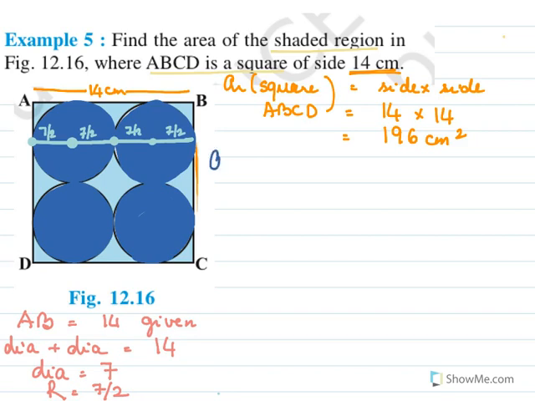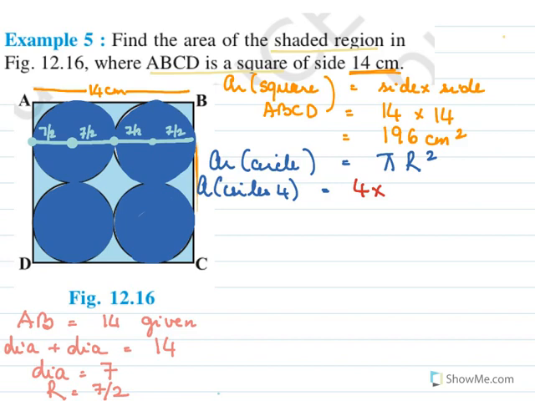So for second step, area of circle is pi r square, but we have 4 circles, so area of all circles, that is 4 circles, will be 4 into pi r square.